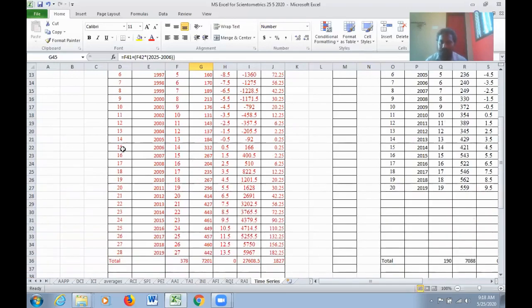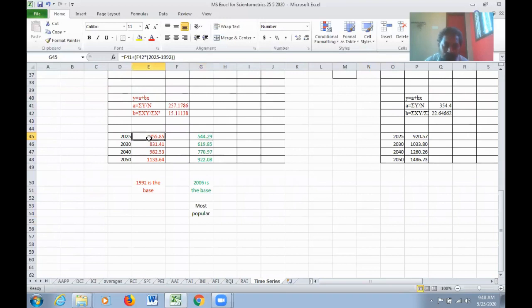There are 28 years; you divide them into two halves of 14. So what is the 15th year? 2006. So instead of using 1992 in this formula, here you need to use 2006: 2030 minus 2006, 2040 minus 2006, 2050 minus 2006. Both kinds of calculations are there, but in most cases I have seen the use of the middle value. Here, comparatively, the future estimated output is less.